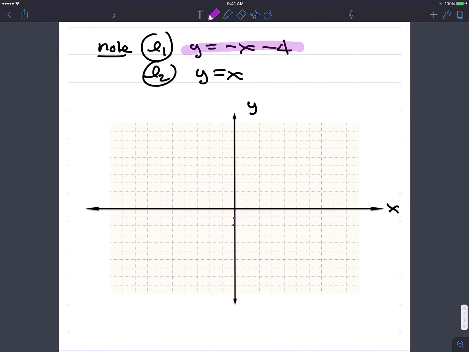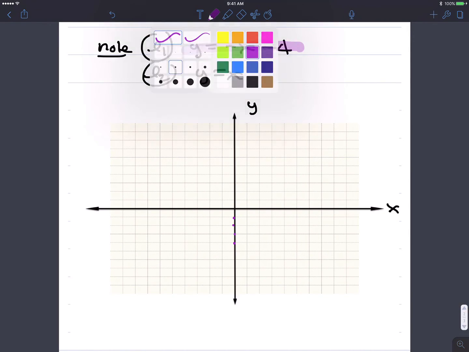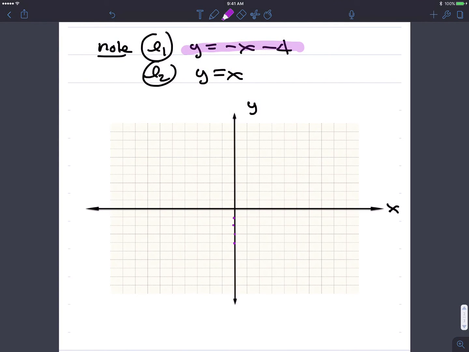So I'm down 4 units. So this is the location of negative 4 on the y-axis. Then I'm going to use a slope value of negative 1. Since my slope is negative 1, I go down 1 and to the right 1. This is the location of my second point.